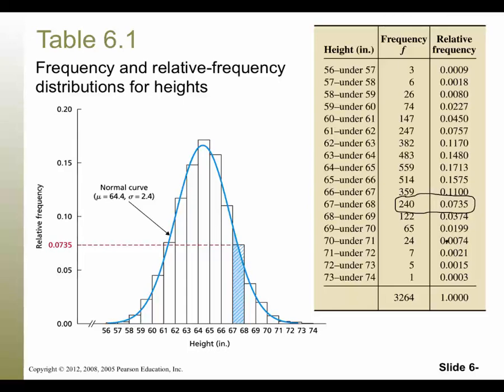And that had a relative frequency of 0.0735, which is what? 7.35% of the data fell in this area. So the relative frequency right here on the y-axis was 0.0735 for this range, 67 to 68. But notice something, that this shaded region is a rectangle, right?